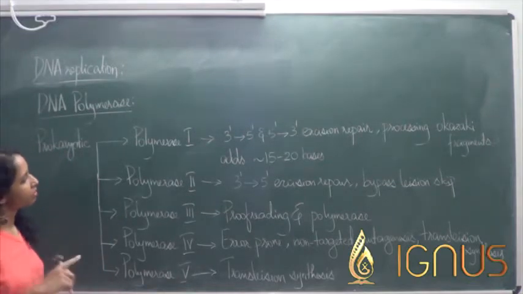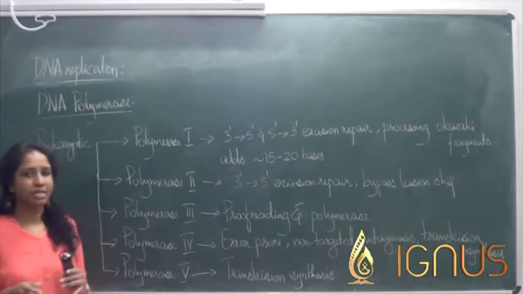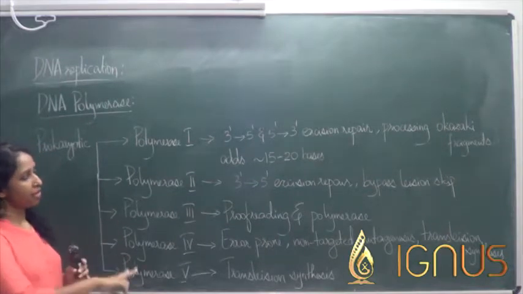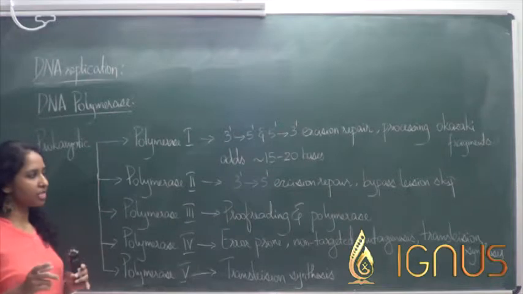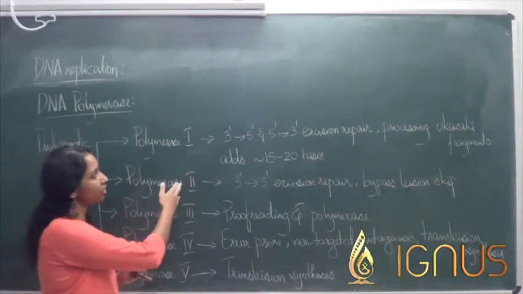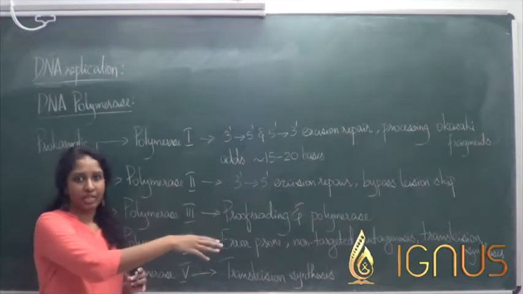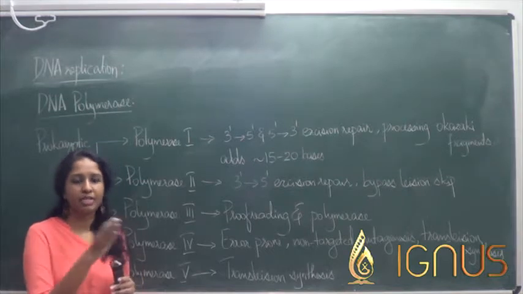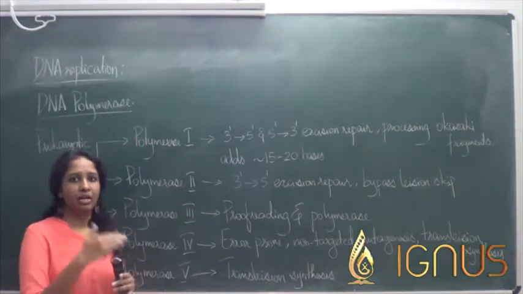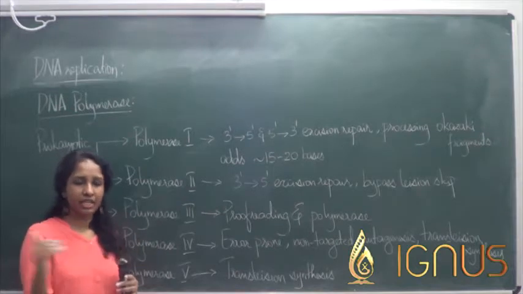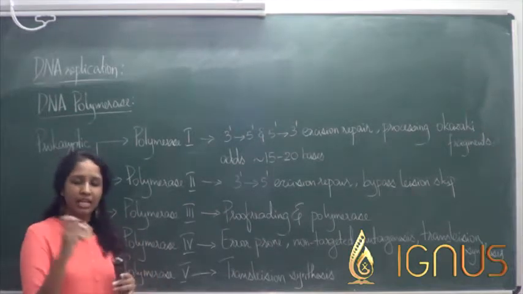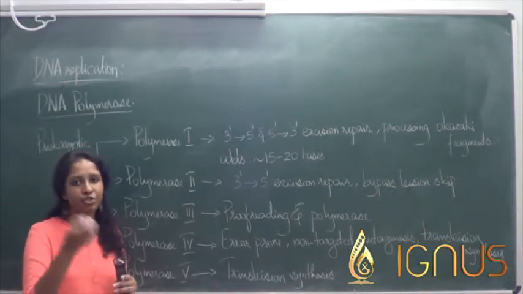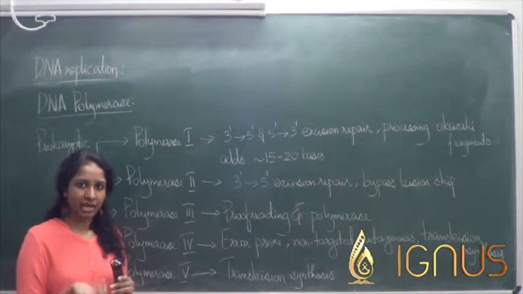It has both 3' to 5' and 5' to 3' exonuclease activity. Okay, so both 3' to 5' and 5' to 3' exonuclease activity, and because of this it can do excision repair in both directions. Excision repair meaning that if a wrong nucleotide has been added to the growing chain of the DNA, the new chain that has been synthesized just now, that needs to be removed and the correct one needs to be added.